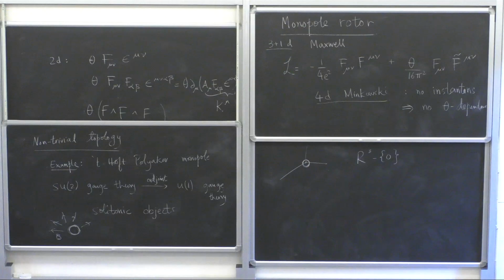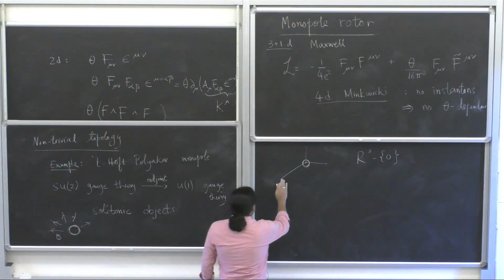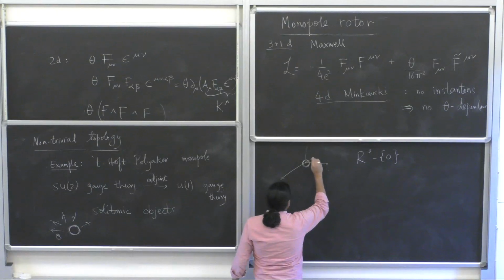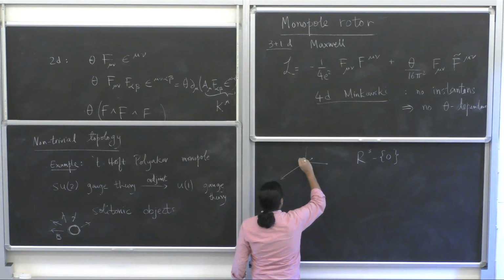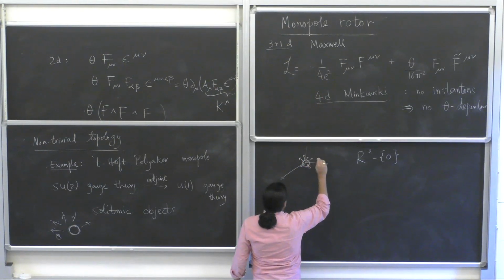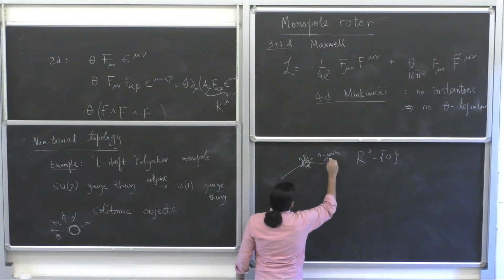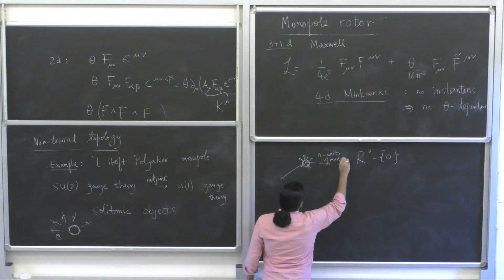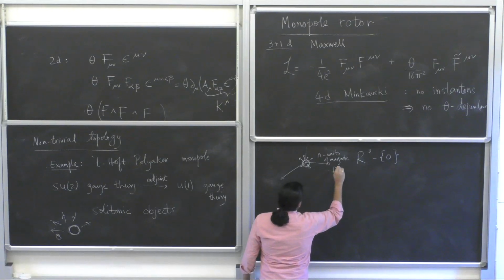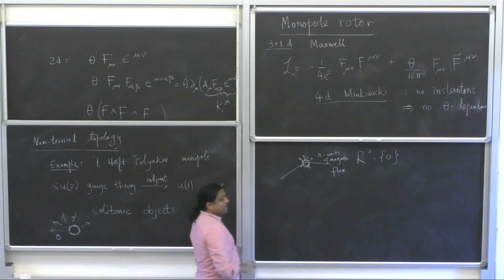What we can do is prescribe boundary conditions at the origin for our fields, and in particular prescribe boundary conditions that there are certain n units of magnetic flux coming out of the origin.